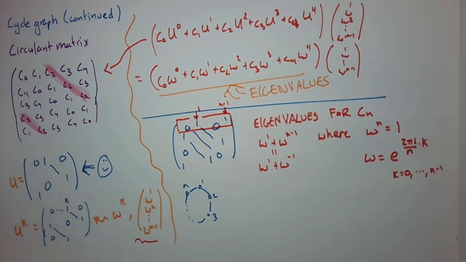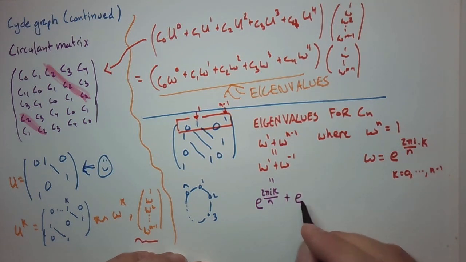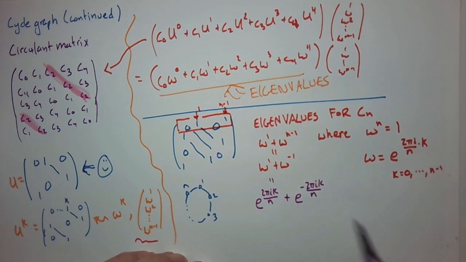So let's write down what we have. This is e to the 2 pi i k over n, that's the omega, plus e to the minus 2 pi i k over n.